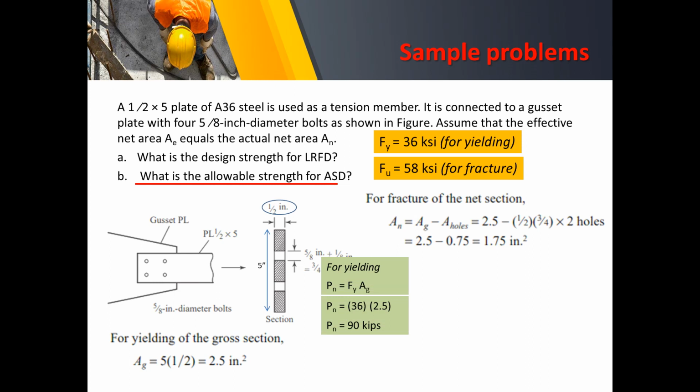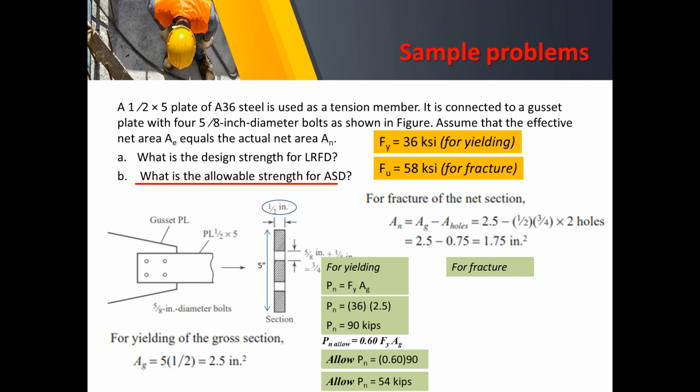So notice that we have the same procedure as that of the LRFD, only that we translate the design loading to allowable P_n, and that will be equal to 0.6 of F_y A_g. F_y A_g is actually the nominal P. So the allowable P_n is equal to 60% of your P_n. Therefore, the allowable strength is equal to 54 kips.